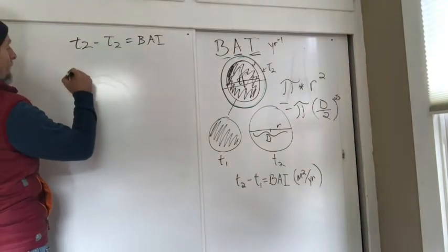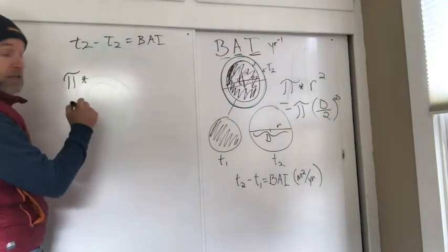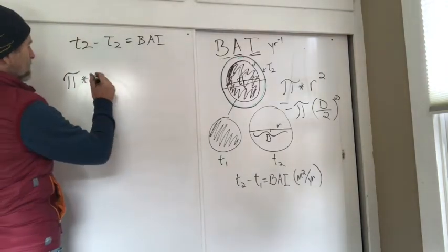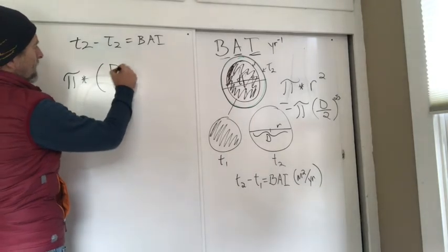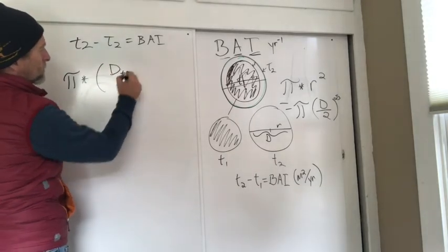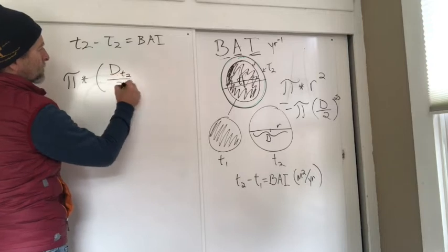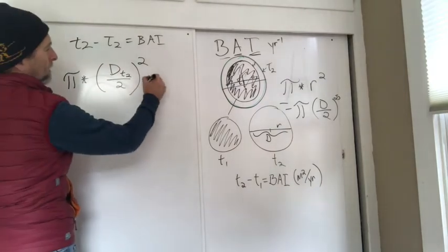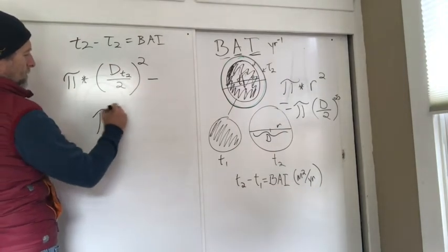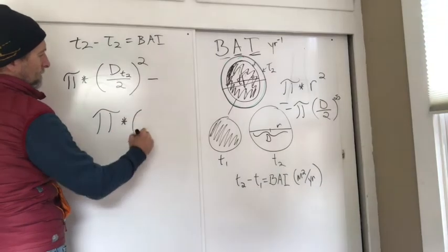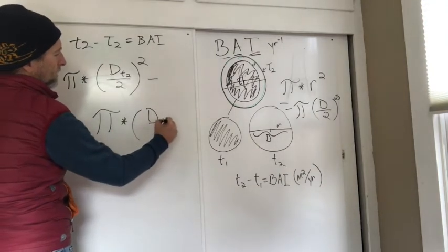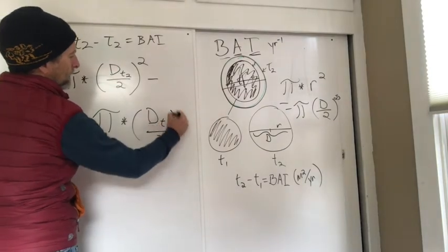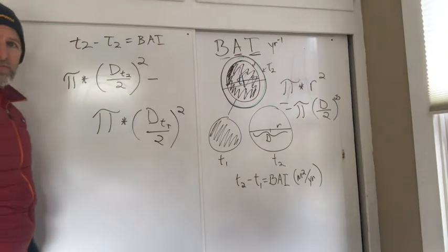This is really pi times diameter at T2 divided by 2 to the power of 2, minus pi times diameter at T1 divided by 2 to the power of 2.